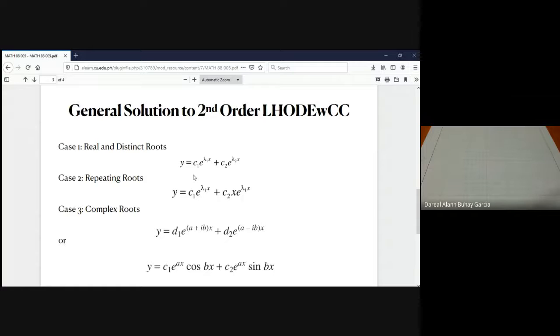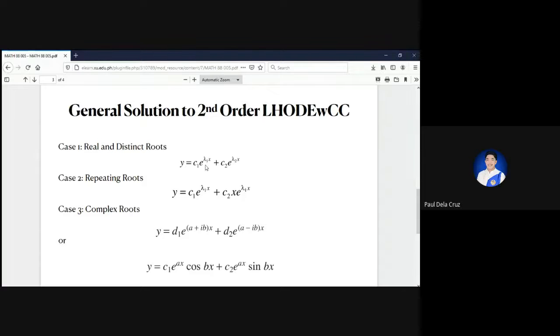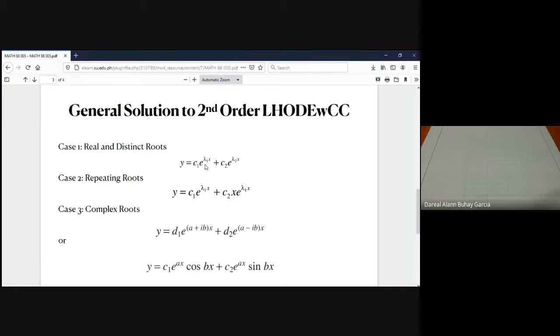So i-substitute lang nato sa lambda, no? So ang format sa solution, if ang roots kay real and distinct, kay y is equal to constant c1 times e to the power of lambda 1 times x plus c2 e to the power of lambda 2 times x. Kana kung real and distinct.